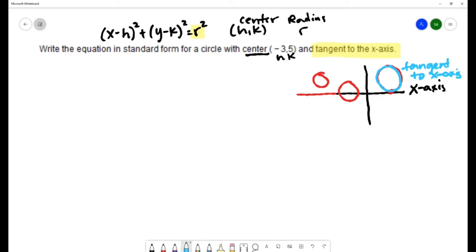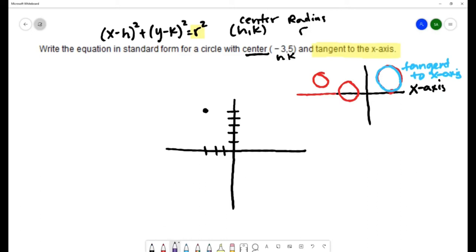What that does for us is it allows us to determine the value of the radius. If I start to draw this picture, I think it'll become more apparent. For the example we're working with, we have a center of -3, 5, and I know the circle I want to draw is going to be tangent to the x-axis.